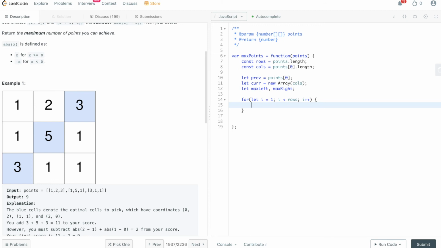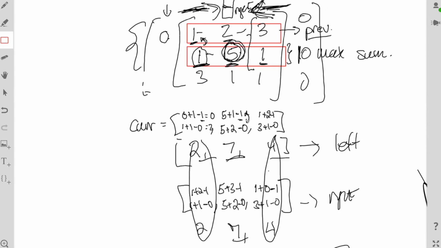And what we want to do here is build our left and our right accumulators. So let's do our left first, right? And this is going to be in relation to columns.